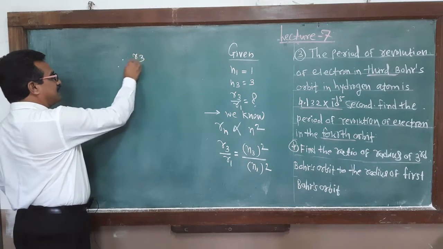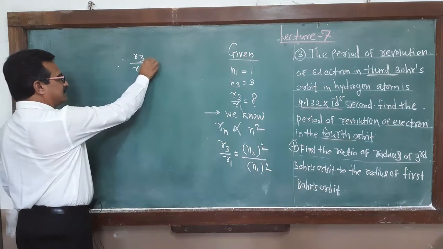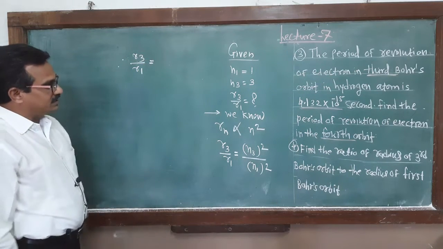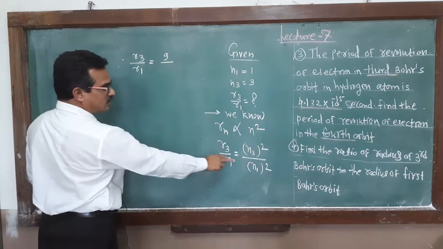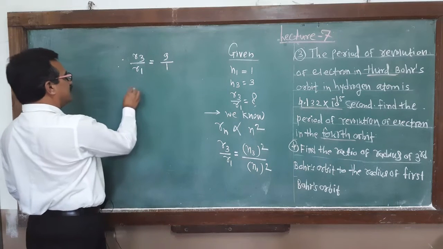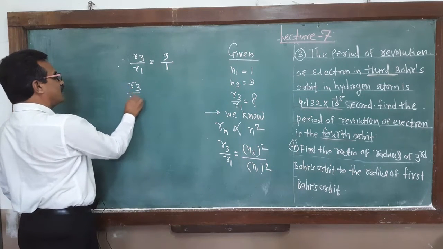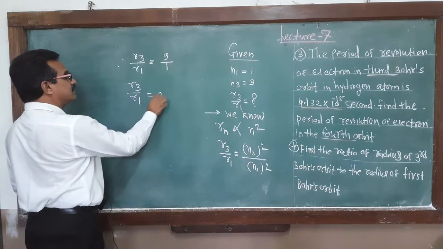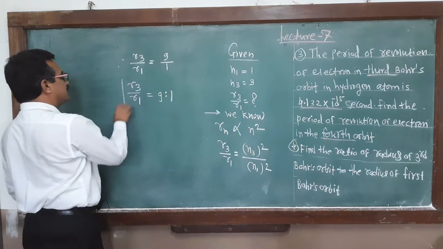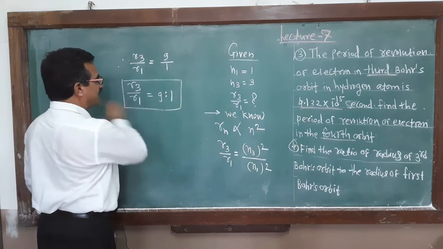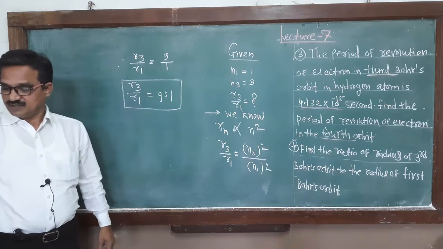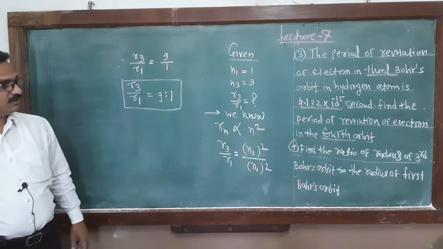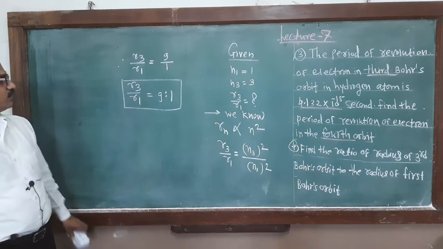Therefore, R3 divided by R1 is equal to 3 squared, which is 9, upon n1 squared, which is 1. Means the ratio R3 upon R1 is equal to 9:1. This is the final answer, the solution of problem number 4.